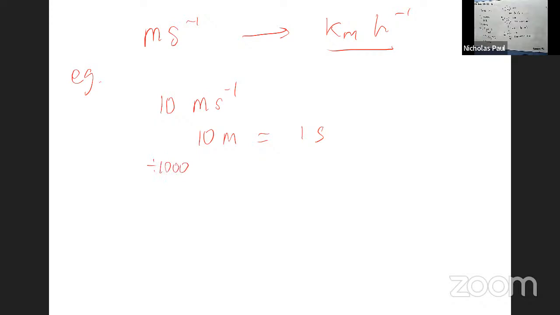So you divide by 1,000 and you will end up with 0.01 kilometers in 1 second. Are you okay with that? Now we know how many kilometers in a second. How could we work out how many kilometers in an hour? What could we do?